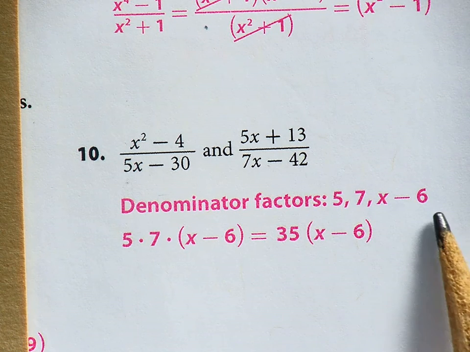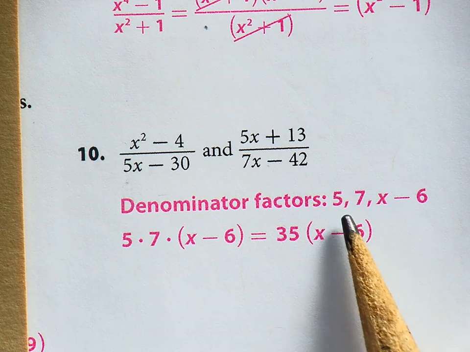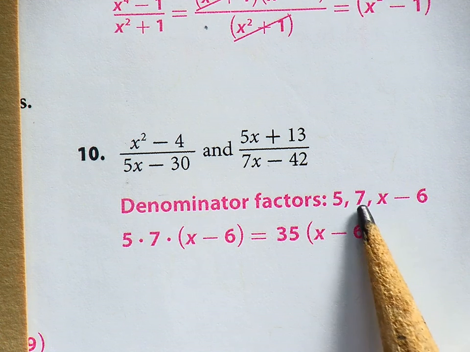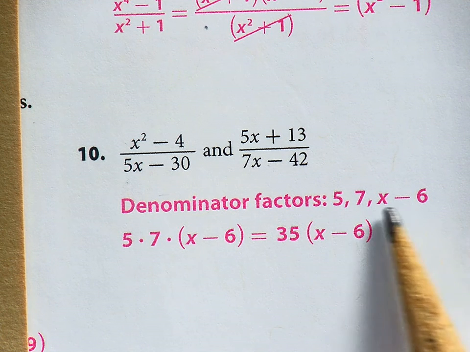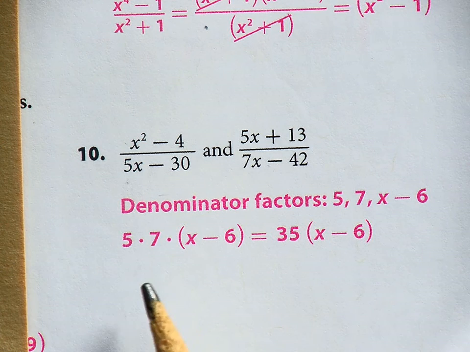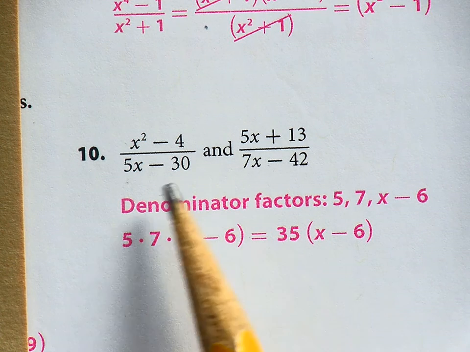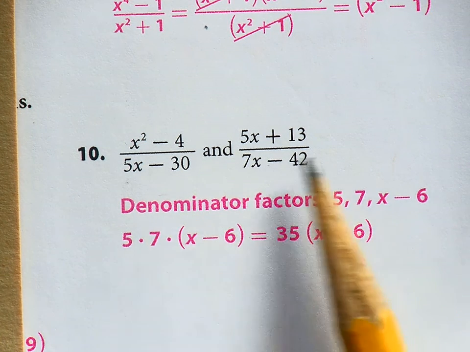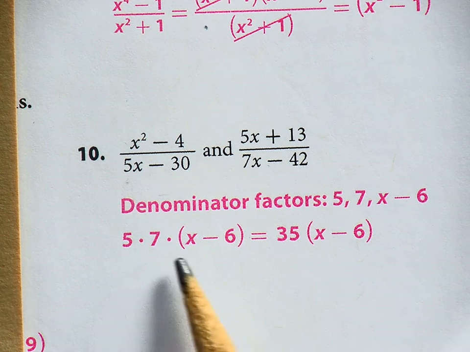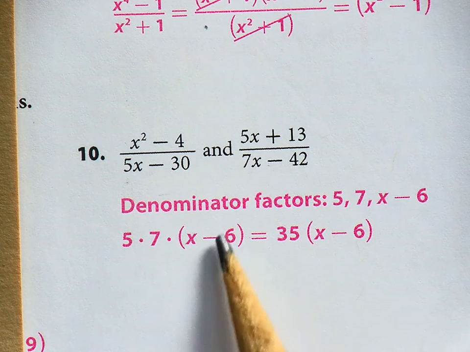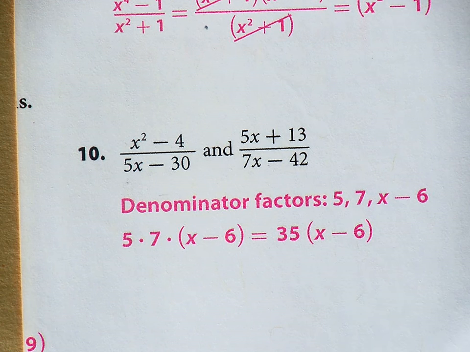And that's what they have here. Our denominator factors were 5, 7, and x minus 6, and they both had that, but we only write it once, because they only had it raised to the first power, this one to the first, and that one to the first. So all those combined give me the common denominator that I need for both of them. All right, let's go ahead and turn the page.